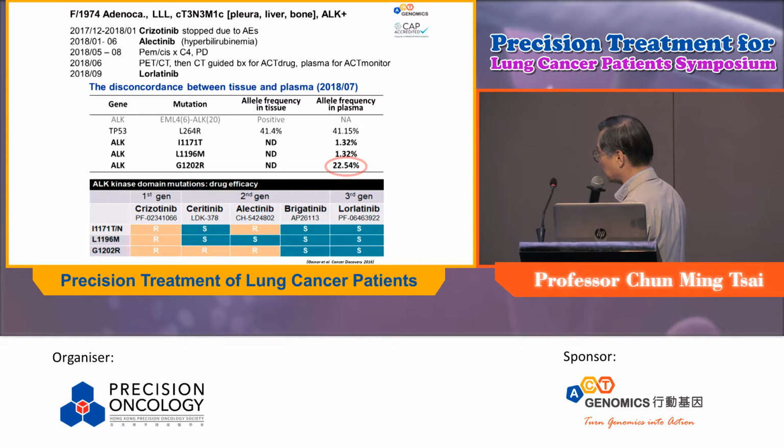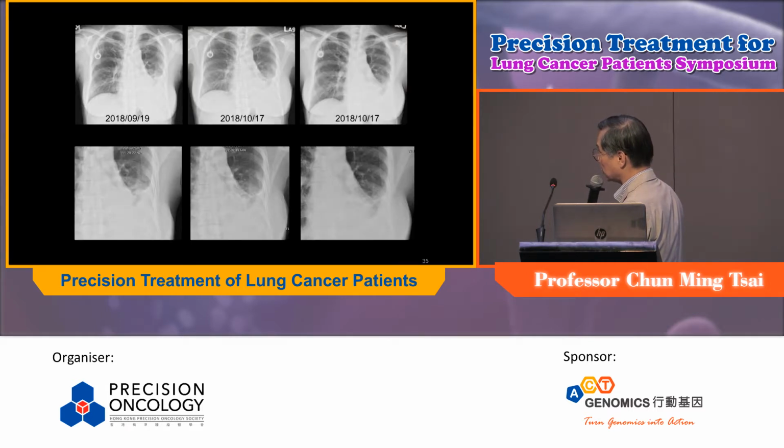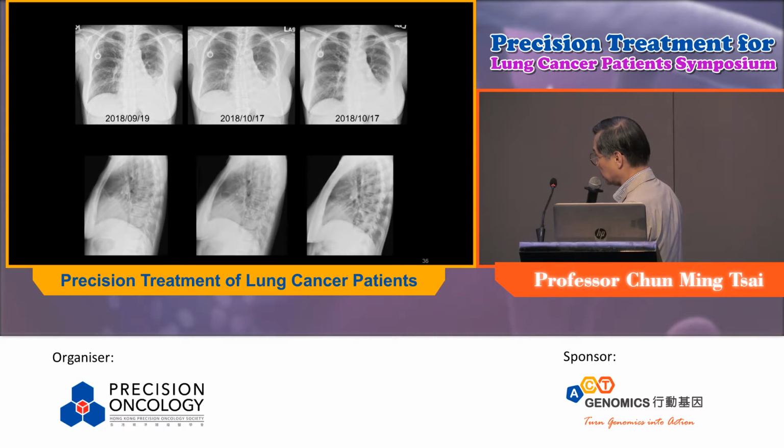This mutation is resistant to crizotinib and also alectinib, and partially resistant to ceritinib, and sensitive to brigatinib, but more sensitive to lorlatinib. So we selected lorlatinib for this case. You can see that after treatment, the pleural effusion decreased with time, down to here. And in the other view, you can see the effusion up to here, and after treatment, the effusion decreased.